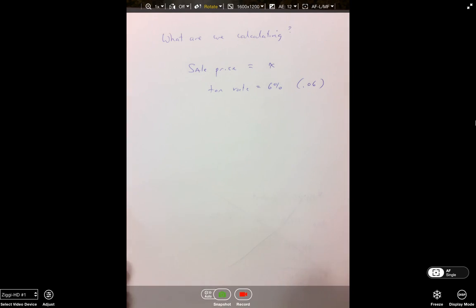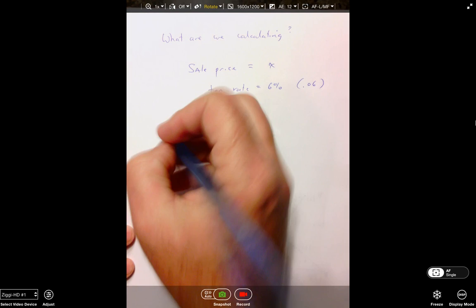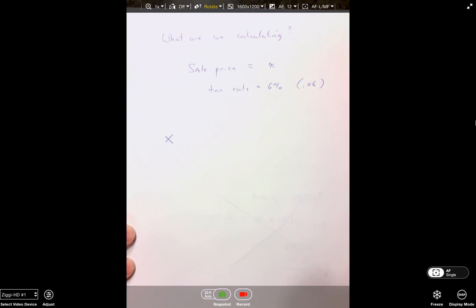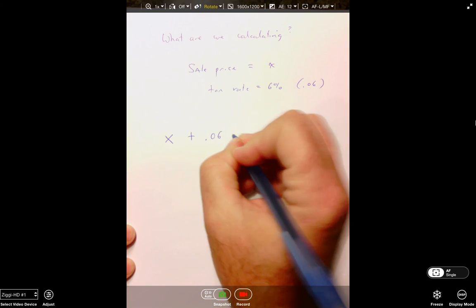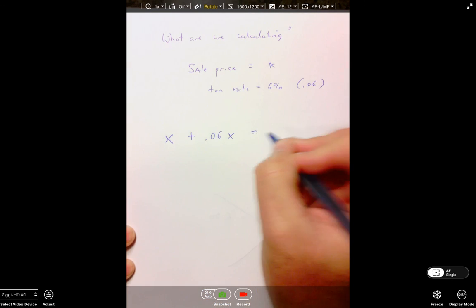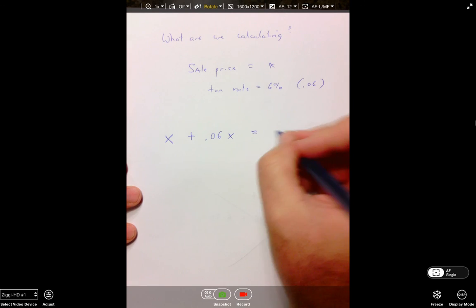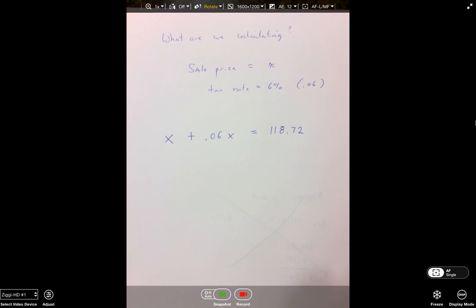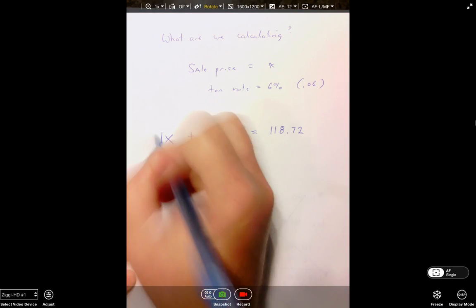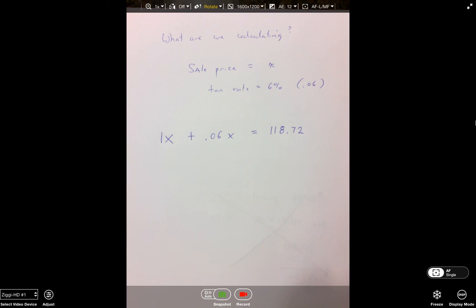So let's think what happens, all right? We've got this original price of X, and then we're going to add tax to it. And then we're going to end up with the amount that the product was sold for. Now, guys, remember in algebra, if there's not a number there, it's a 1.